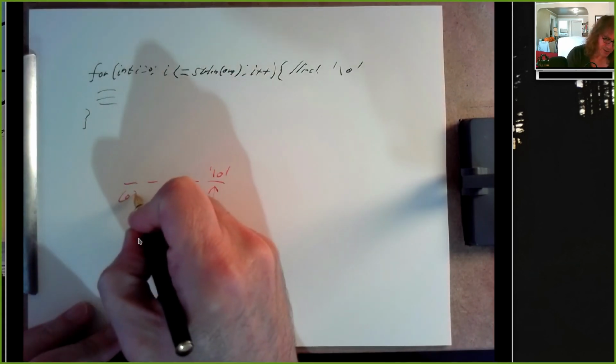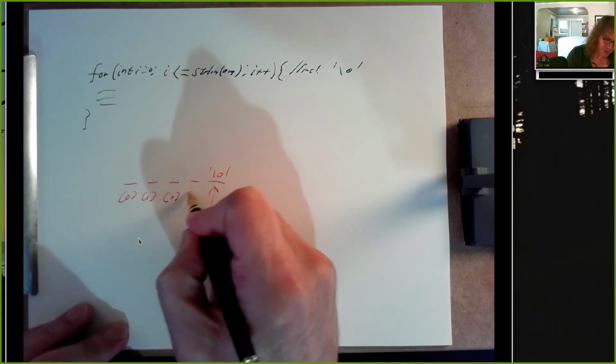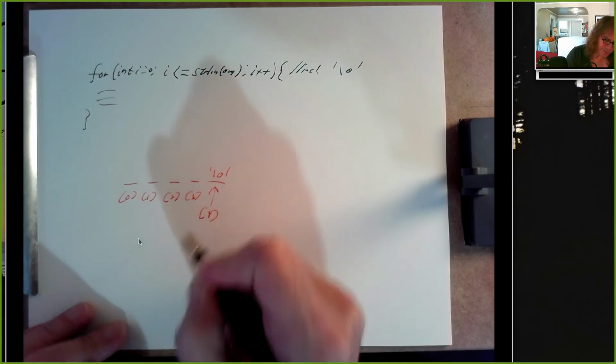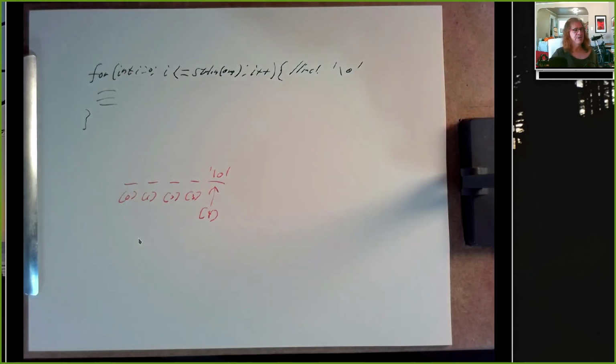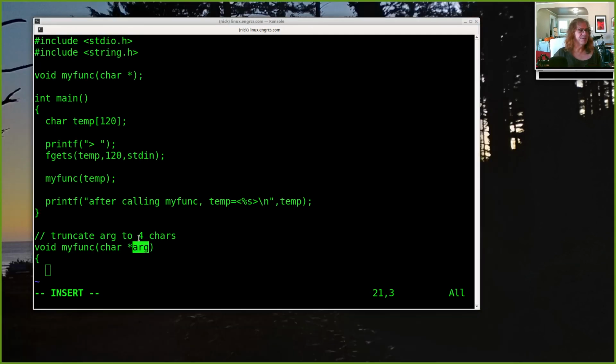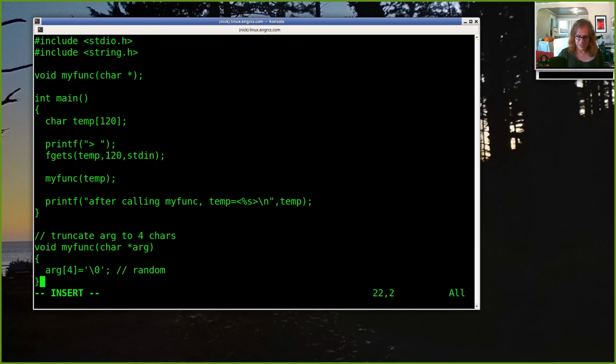Well, this is index 0, 1, 2, 3, index 4. So if I stick a null terminator in index 4, that should terminate our string to 4 characters. So I'm going to say arg bracket 4 equals null terminator. That's just a random thing to do. And I wouldn't want to do this if I didn't know something about arg, like if I didn't know that it was 120 characters. But we're just playing around here.